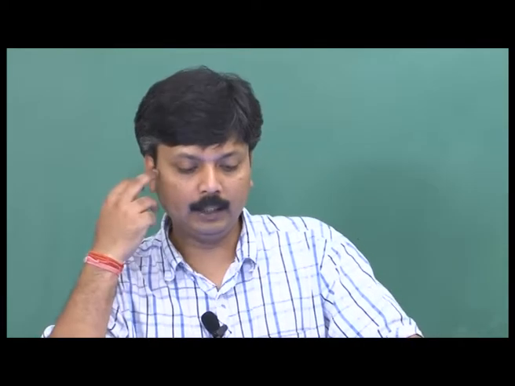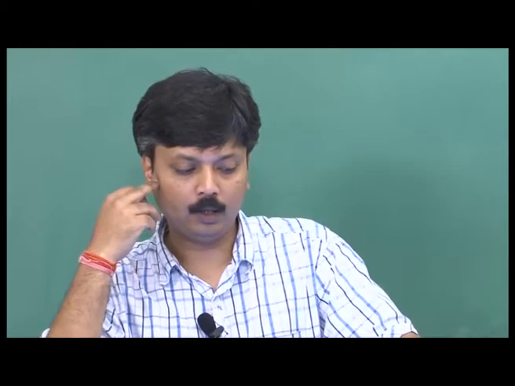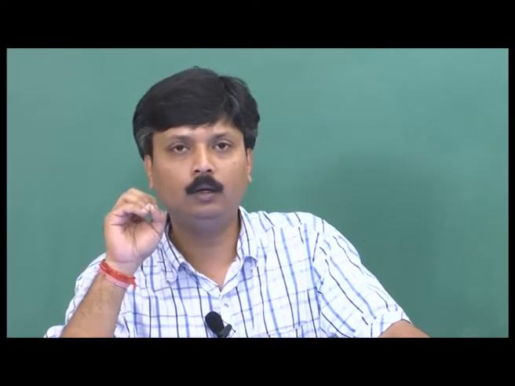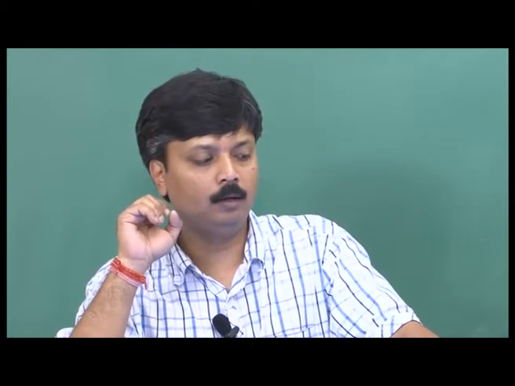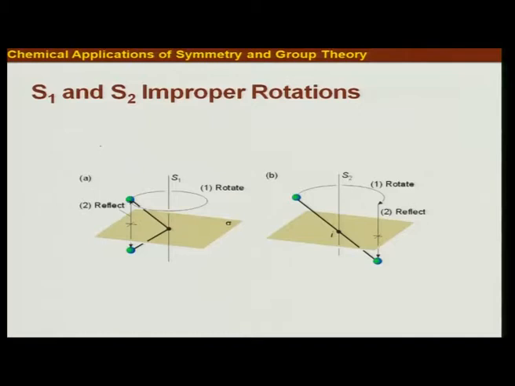You have to practice a lot to find out if a molecule has an improper axis of rotation. On your screen right now you have a generalized example of some Sn axis. Here n is the order of rotation, pretty much similar to what we had in the case of the proper axis of rotation.